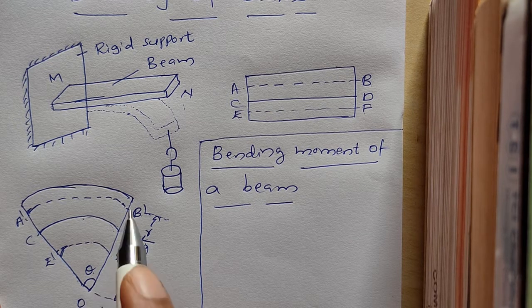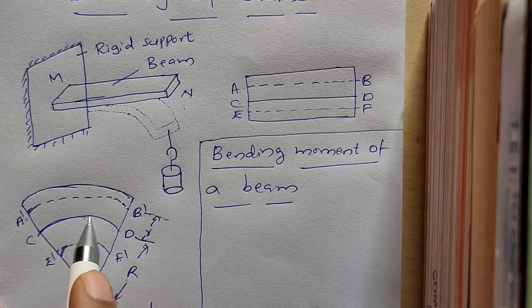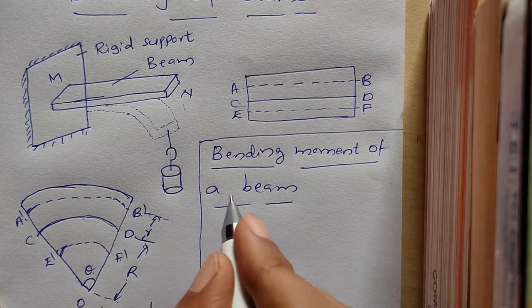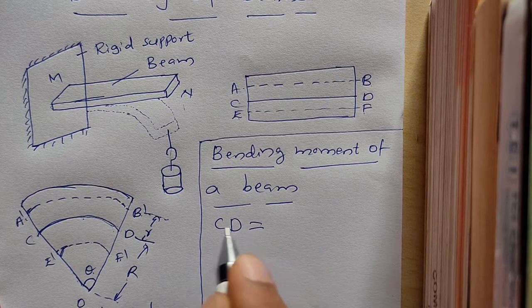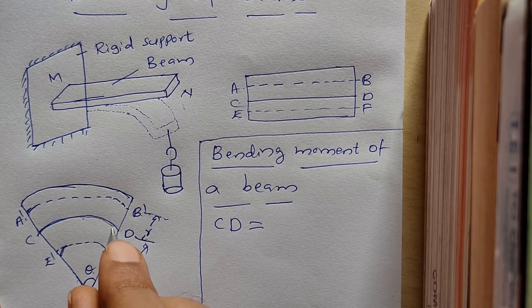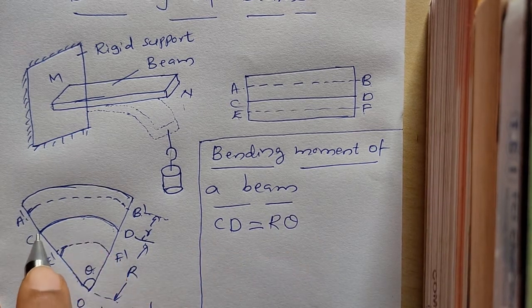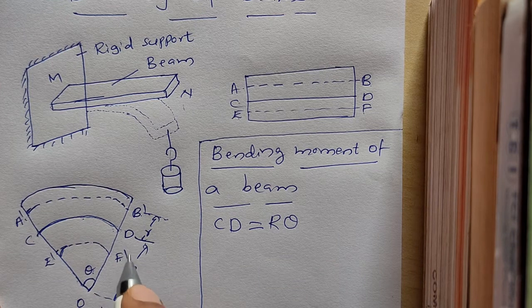Then see this arc length CD. The arc length CD is equal to the radius into the angle subtended at the center, that is R theta.